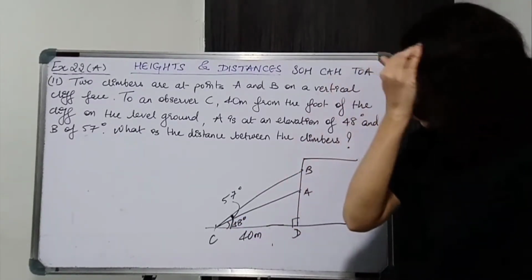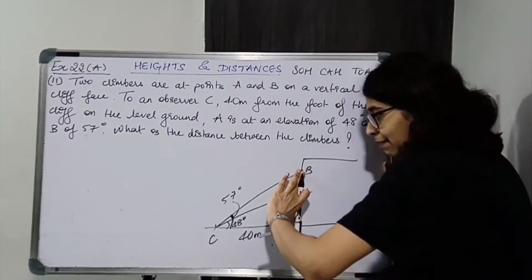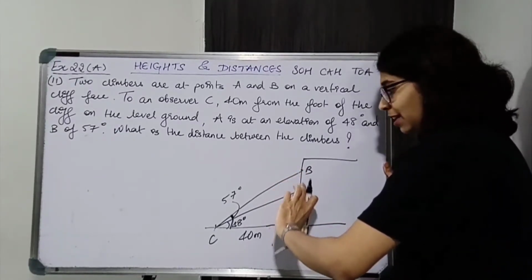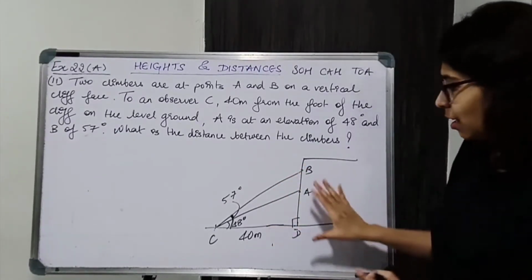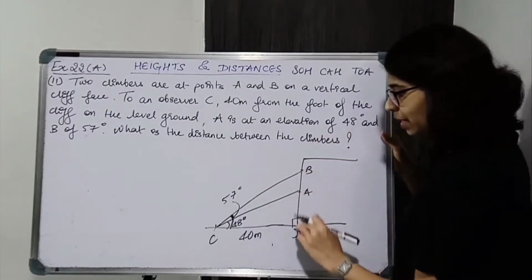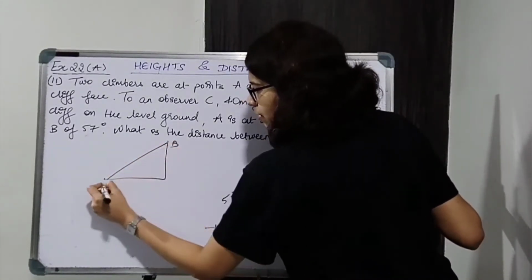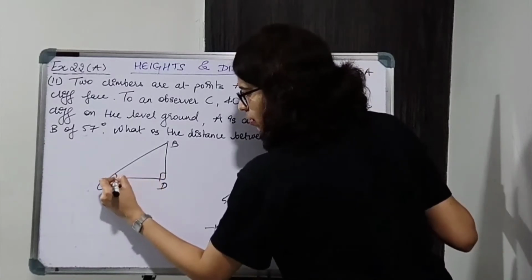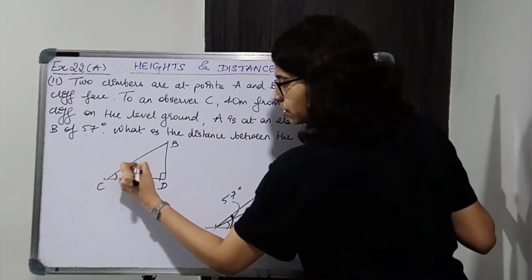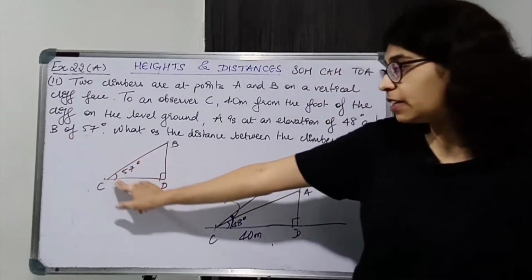Now, to find AB, if I know this entire thing BD and I subtract AD from it, then I can find AB. I subtract this much from the entire thing. Why? Because BD is a part of this right angle triangle BCD. BCD is 57. The observer is looking at B and the angle of elevation of B is 57.